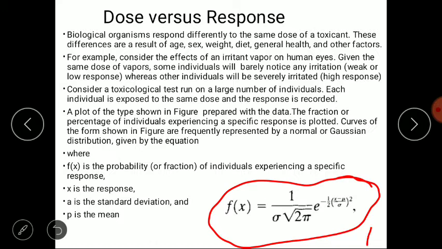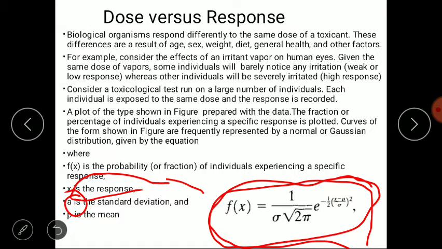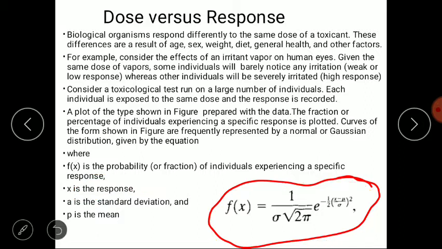Here f(x) is the probability of an individual experiencing a specific response, x is the response, sigma is the standard deviation, and mu is the mean. We consider this equation because this is probability theory, and for probability theory Gaussian or normal distribution equations are generally considered.